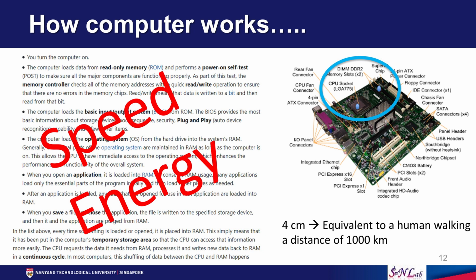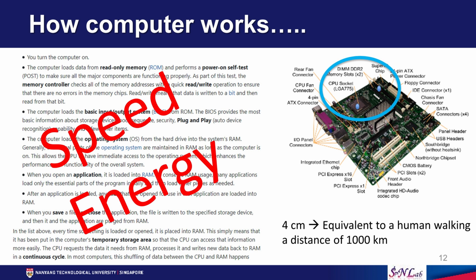Imagine you have to go 1,000 kilometers to fetch data, come back to your place, do some computation, then again bring the data there, bring it back, and so on. This kind of thing is happening in the data flow between a processor and the memory. This is called the von Neumann bottleneck.